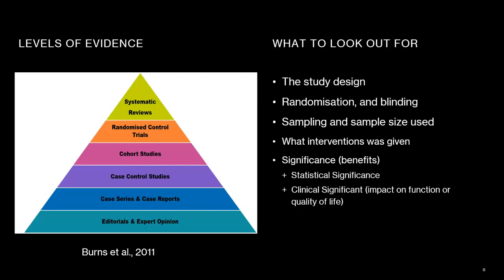Various people have written individual studies, and in a systematic review the author puts all of these studies together and draws conclusions, which makes it the best available evidence that you can find.